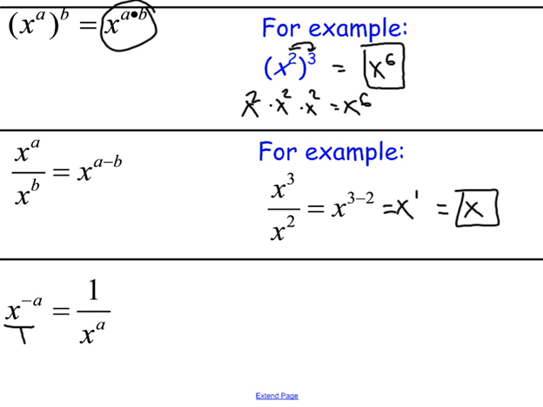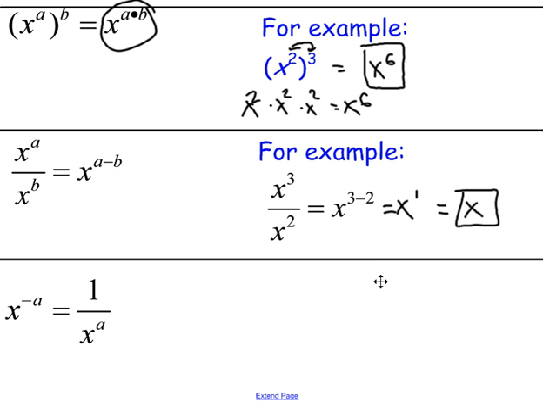So that's a numerator. So if you have a negative exponent in the numerator and you want to make it positive, all you have to do is just move it to the denominator and make it positive. So x to the negative a is equal to 1 over x to the a.